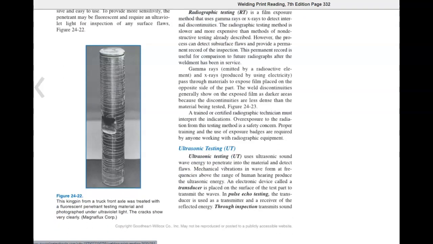Ultrasonic testing. Ultrasonic testing uses ultrasonic sound wave energy to penetrate into the material and detect flaws. Mechanical vibrations in wave form at frequencies above the range of human hearing produce the ultrasonic energy. An electronic device called a transducer is placed on the surface of the test part to transmit the waves.